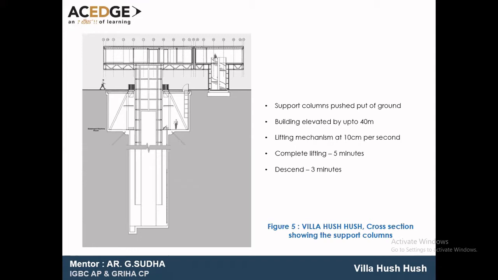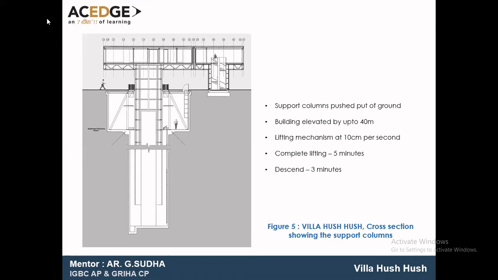As we all know, it's generally easier to drop a heavy object than to lift it. It takes a little less effort to drop an object. Similarly, here also, this particular building takes about 5 minutes to reach its full height above the ground, and it takes about 3 minutes to come down.